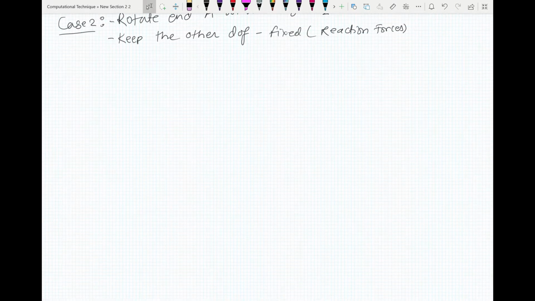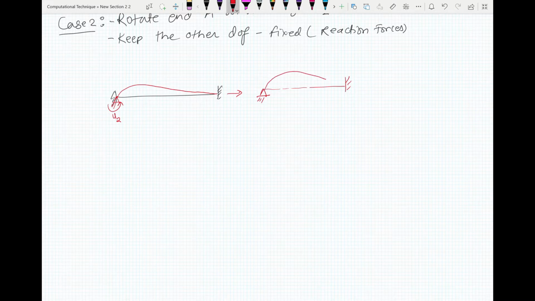So for this case, we'll have a beam like this. Your U2 is this direction, so we apply U2 at this point, and this won't be fixed because we are releasing this rotation, so it will be hinged now, like this. Now this is our U2.